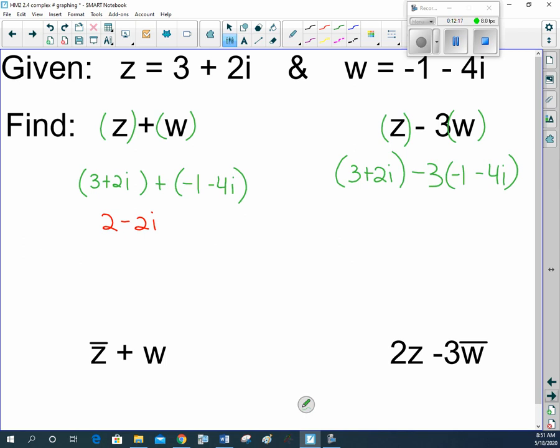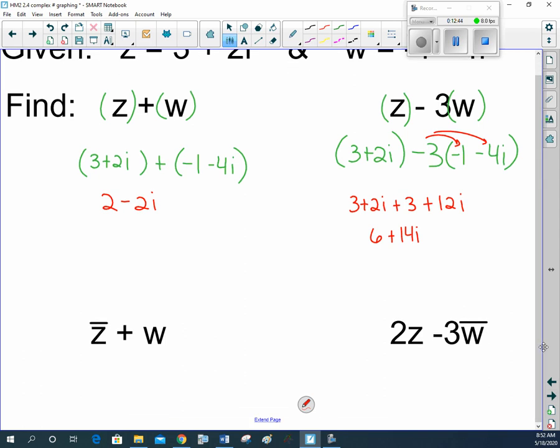So now I'm just going to do my algebraic operations. 3 plus 2i, I'm just going to leave that. But this -3, I'm going to distribute that through, and I'm going to get plus 3 plus 12i. And now I'm going to combine my like terms. 3 plus 3 is 6. 2i plus 12i is 14i.